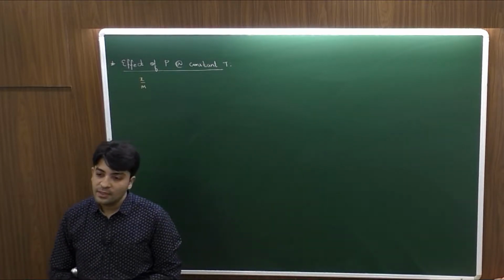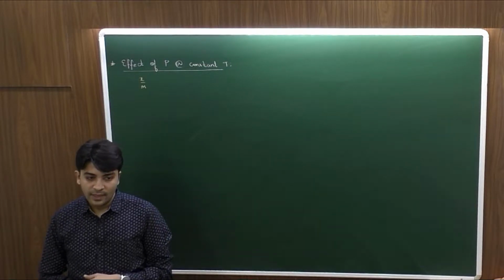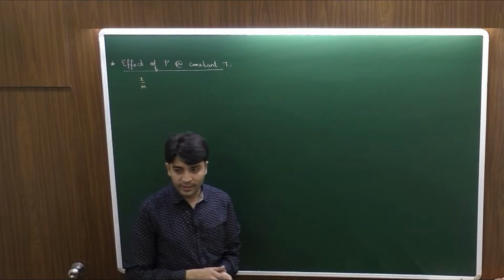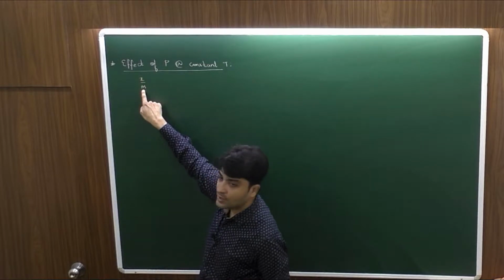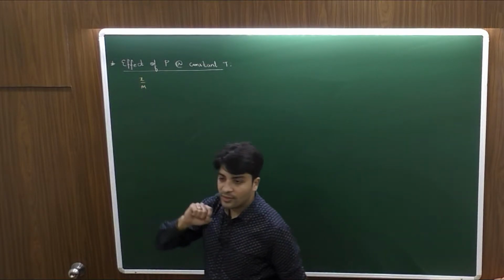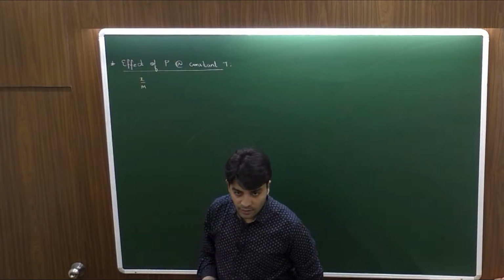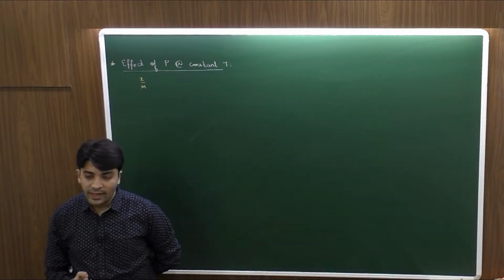Occlusion was what? The gas molecules getting adsorbed on the surface of the solid. So x is the amount of gas adsorbed per unit mass of adsorbent, and this x by m refers to the extent to which adsorption is being done.